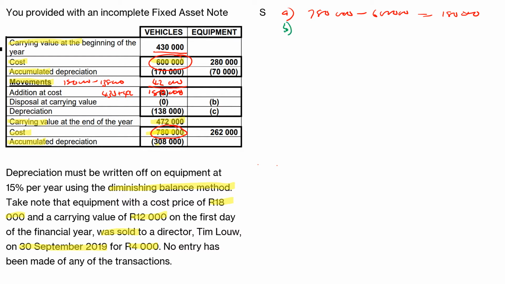So for B, we're calculating disposal. Disposal normally is done at carrying value. On this particular equipment, we're told the equipment was purchased for 18,000, and it had accumulated depreciation of 12,000.